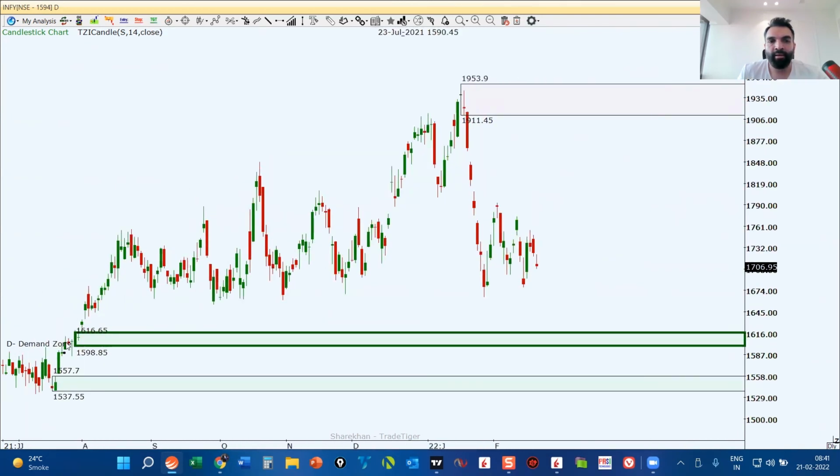And what a trader can do over here, if he's following demand and supply, is time this entry along with the IT sector coming at similar levels. We just showed you the weekly level of demand on the IT sector. So if this level of demand gets triggered, then we want the IT sector also to be in that level of demand. When both of them come together, that makes your trade a higher probability trade.